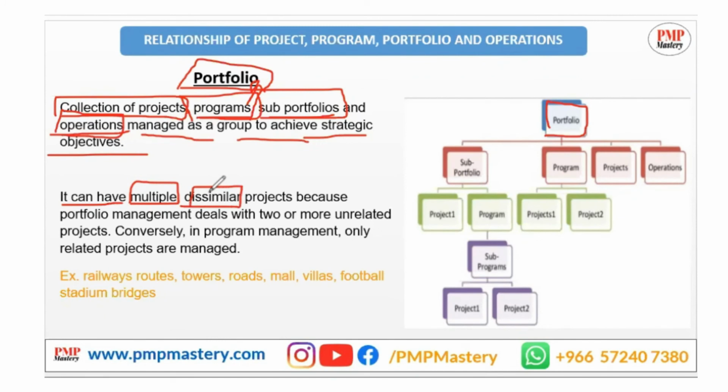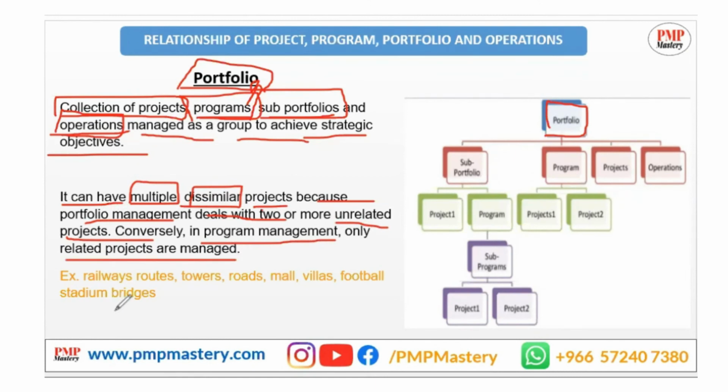In the program, we manage similar projects, but in the portfolio we manage dissimilar projects, because portfolio management deals with two or more unrelated projects. Conversely, in program management, only related projects.